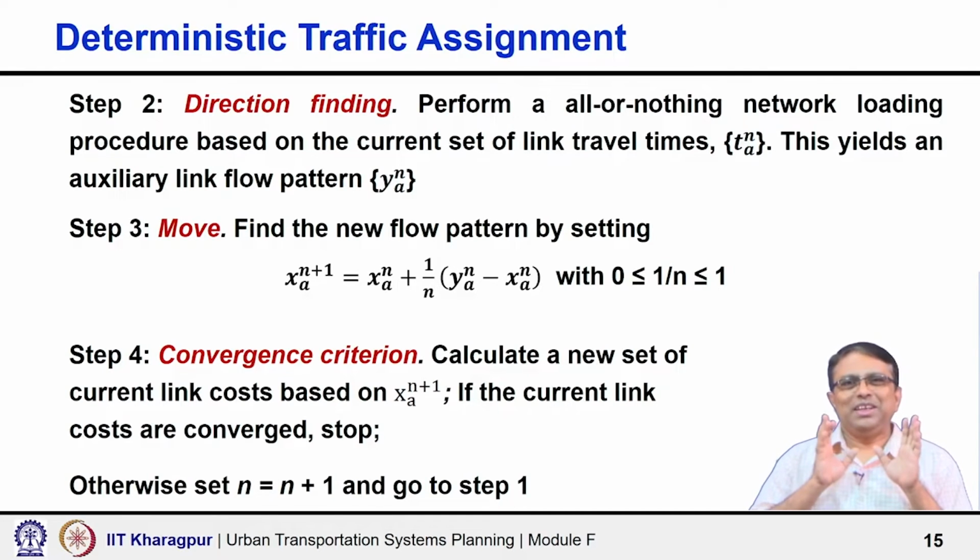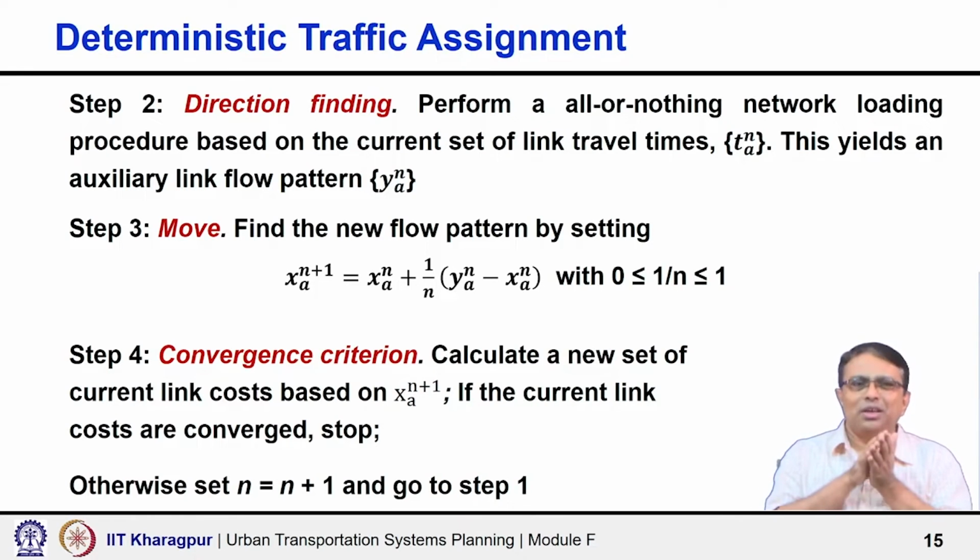Somewhat conceptually, there we do it with the time part, and here it is the flow that is getting adjusted. We are not saying that the auxiliary flow, meaning the complete loading along the shortest path, becomes my actual link flow.